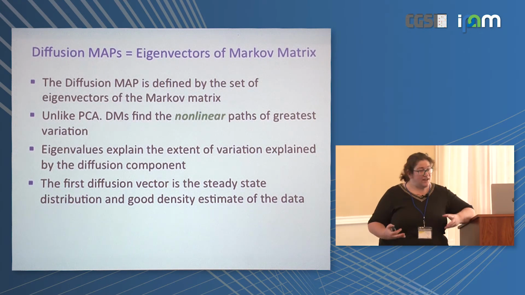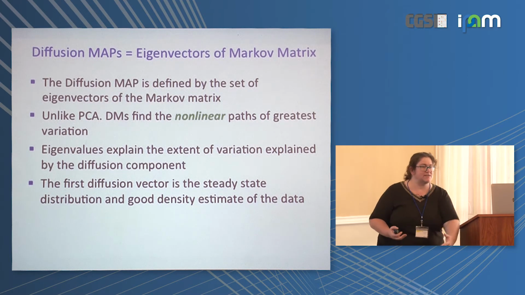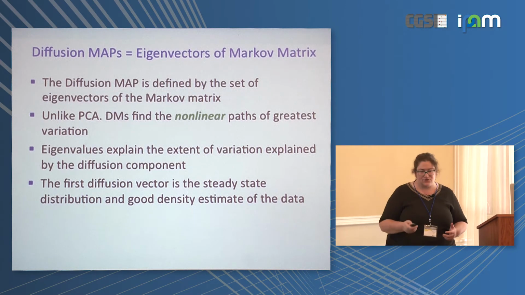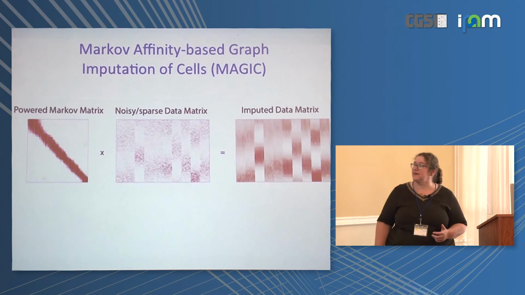The eigenvalues explain the extent that each component is being used, or that each cell is relevant. So it's very similar to what you're used to from PCA, for anyone that's done a lot of PCA analysis. But it talks about the really core nonlinear structure of the data. The first diffusion component is the cell density of the data.